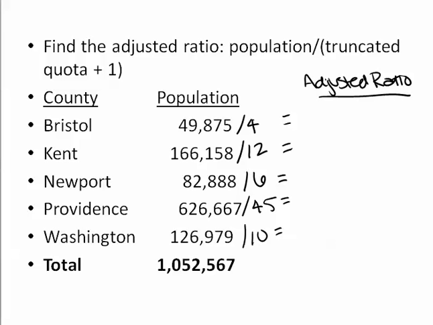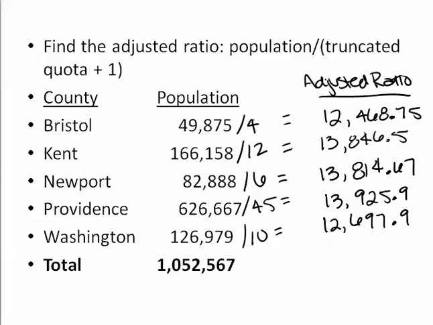So 49,875 divided by 4 gives us our new adjusted ratio of 12,468.75. Again, please verify that you can get these totals. I just divided the population by my truncated quota plus 1. And you might want to pause the video and make sure you can get these adjusted ratios.